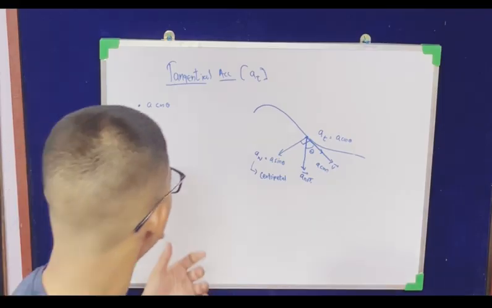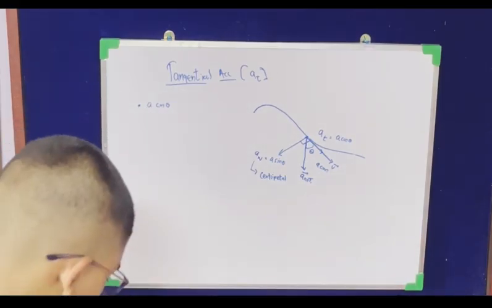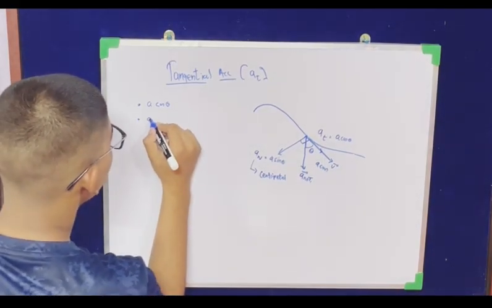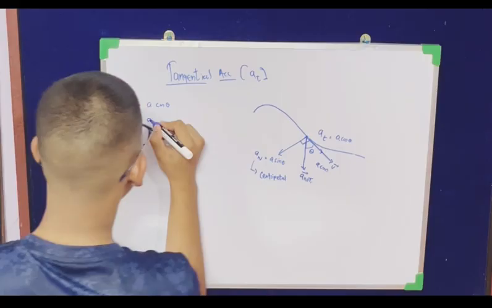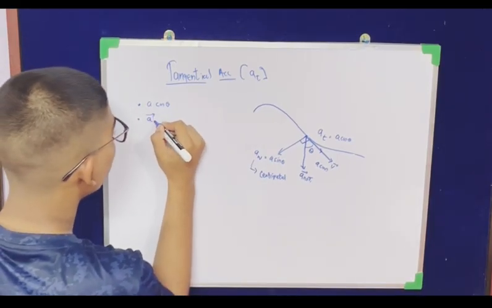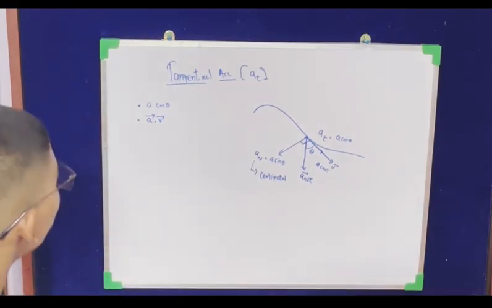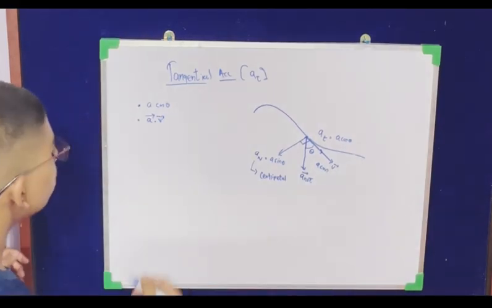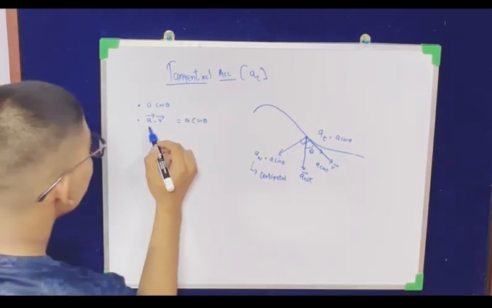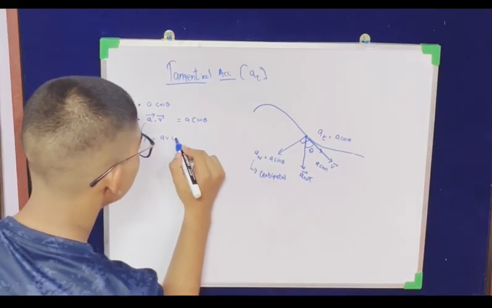If we try to represent it in vector form, it is the dot product of net acceleration and velocity. What we want to derive is a cos theta, but we know that this dot product is equal to A V cos theta.